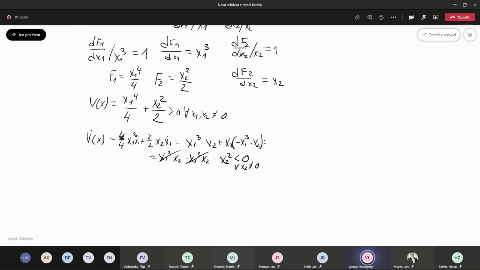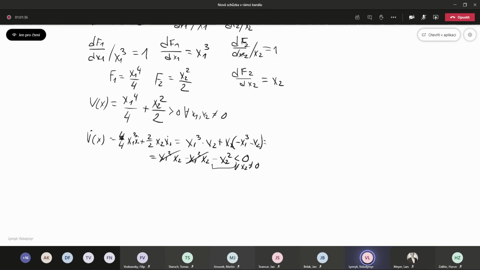What can we say now about the stability of this system? Also globally asymptotically stable? No. Here we have only this term, minus x2 squared, and we don't have a term depending on x1.